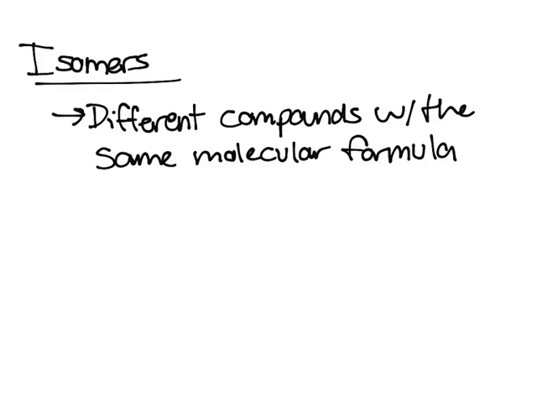And so there are two ways that we'll talk about right now that can result in isomers.